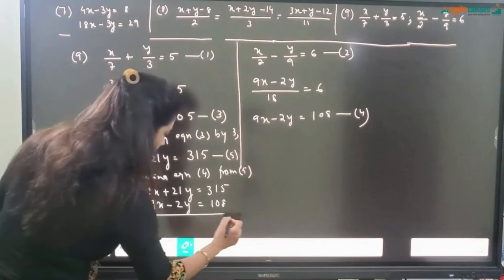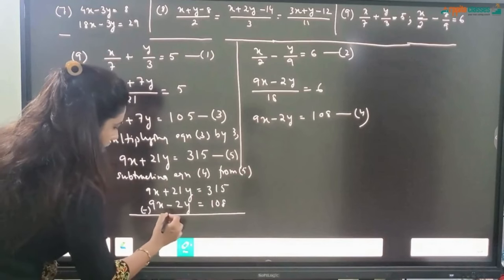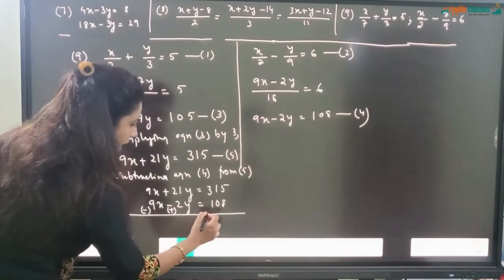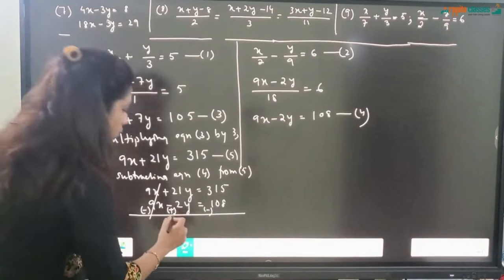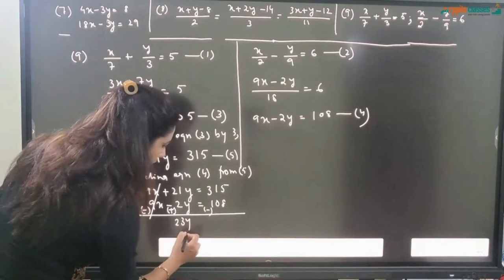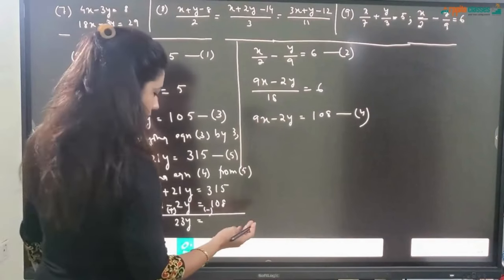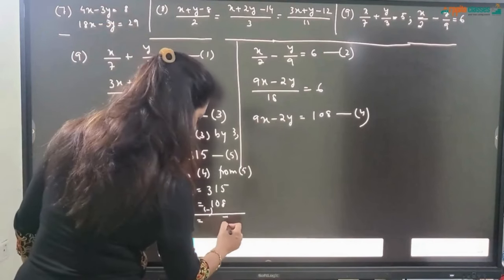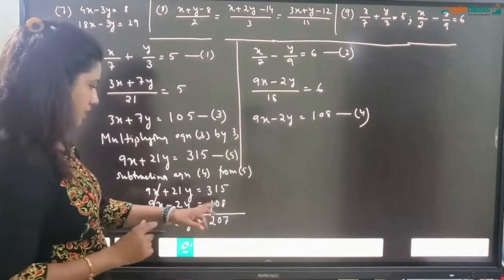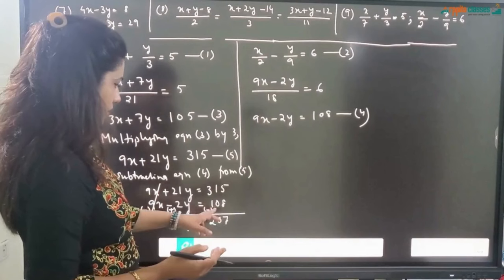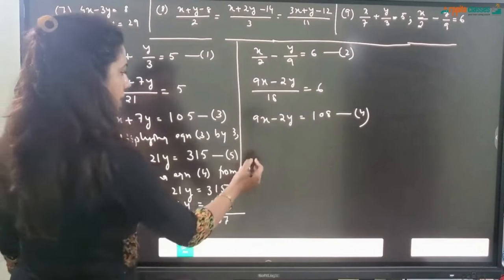So when we subtract, the signs will get changed. This is minus, this is positive, and this is also minus. This gets cancelled. 21 plus 2 will give you 23y, and here it is 207. Is it correct? 207, yes.